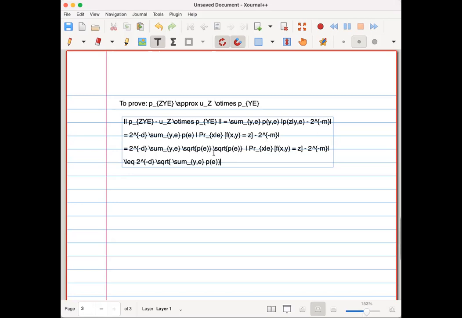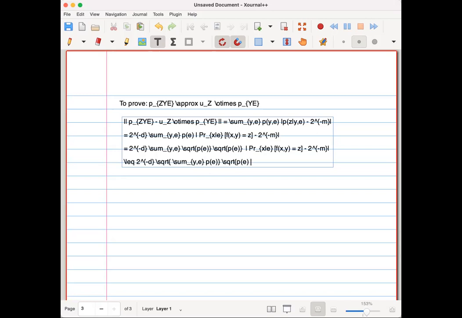So I replace the dot product by the L2 lengths. This is the L2 length of the first vector, whose y,e-th entry is square root of p. And now I have the L2 length of the second vector, whose y,e-th entry is square root of p times the quantity in the absolute value.